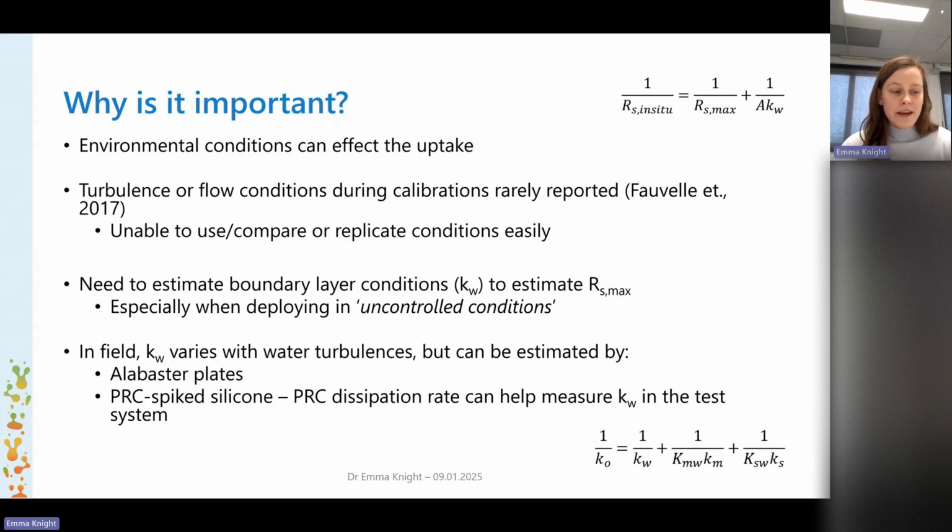And in the field, KW naturally varies with water turbulence, so this can be estimated by using alabaster plates, which are usually calcium carbonate or calcium sulfate that then dissolves over time with the flow or the turbulence in the water. Or we could use performance reference compound spiked silicon, where the PRCs will dissipate at a rate that can help us measure KW in the test system as well.